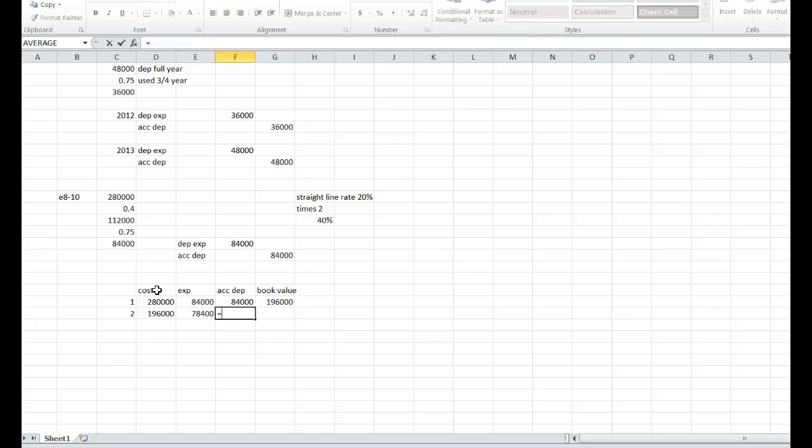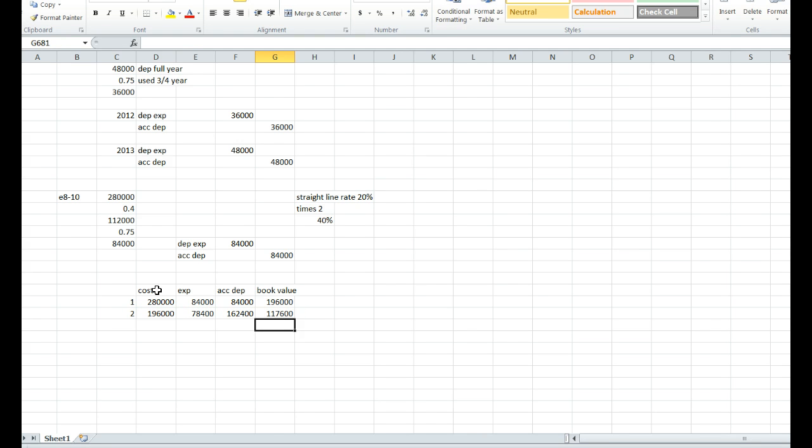Our accumulated depreciation is going to be 84 from last year plus 78 from this year, or 162,000. Let's see what our net book value is. It looks like that's going to be our 196 minus our 78.